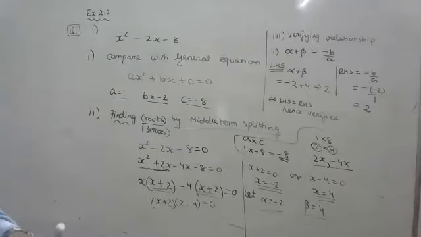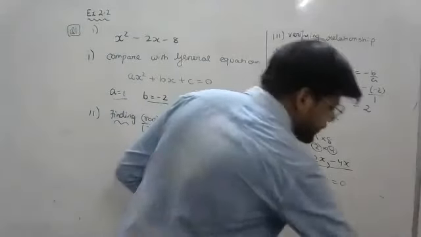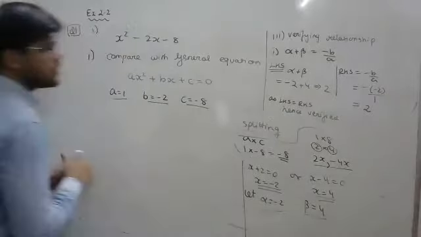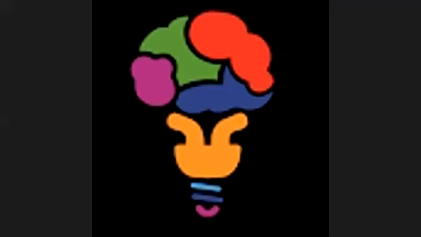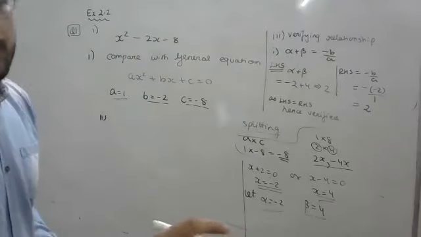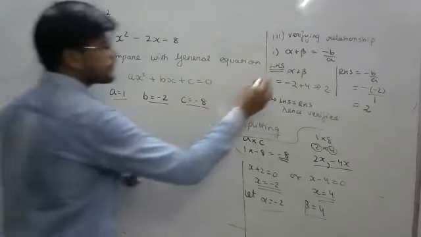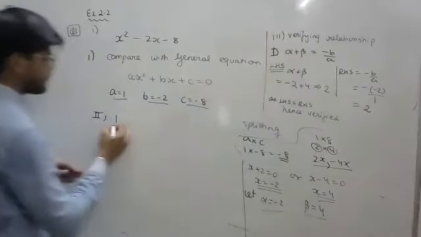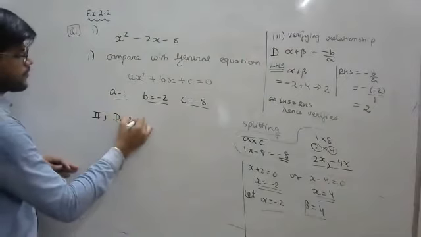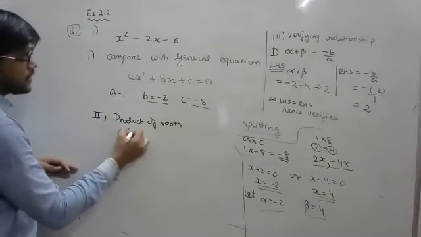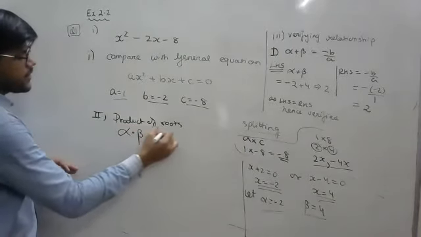The second relationship which we have to verify is the product of roots. It's alpha into beta equals c by a.